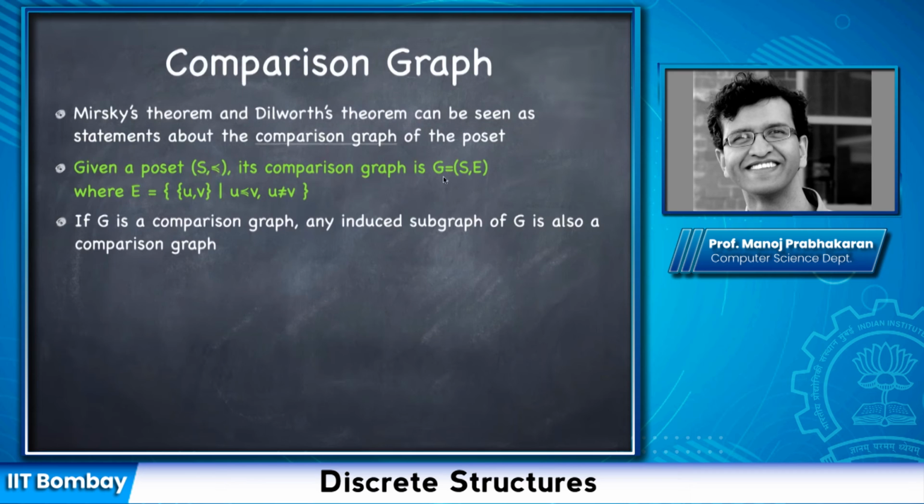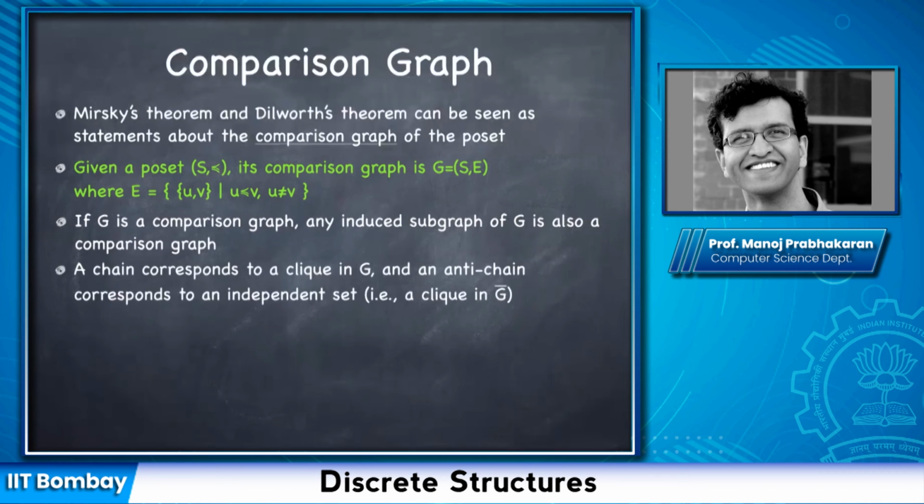So that is the induced subgraph of the original graph. Any induced subgraph of a comparison graph is also a comparison graph corresponding to the poset that is obtained simply by restricting to the corresponding smaller subset of the ground set.